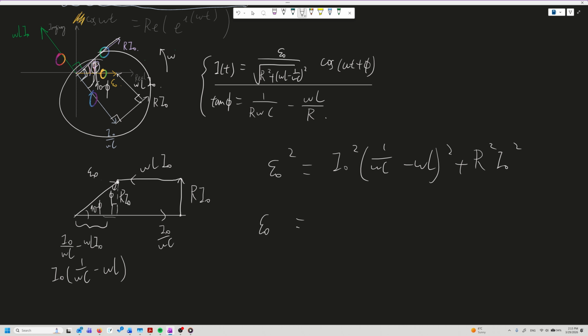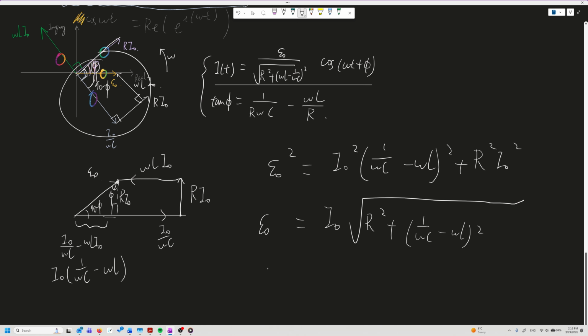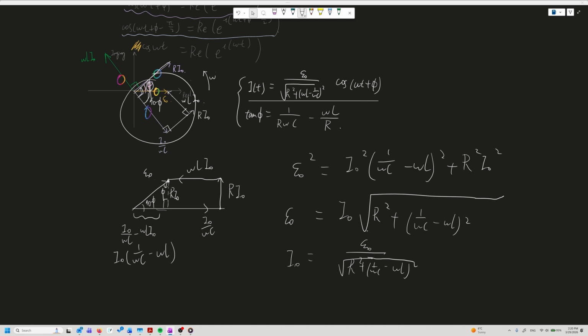And epsilon 0 just equals i0 times the square root of R squared plus (1 over omega C minus omega L) squared. And then if we rearrange this a bit, we get i0 equals epsilon 0 over the square root of R squared plus (1 over omega C minus omega L) squared.